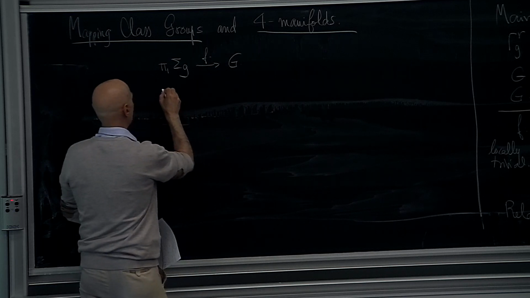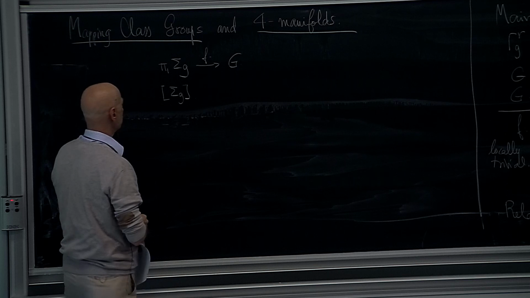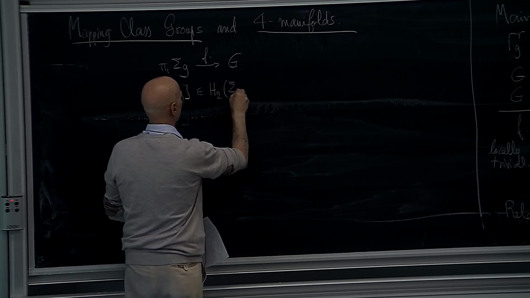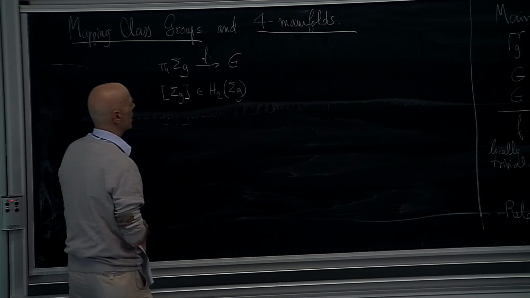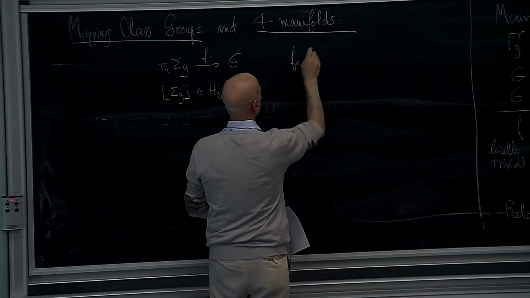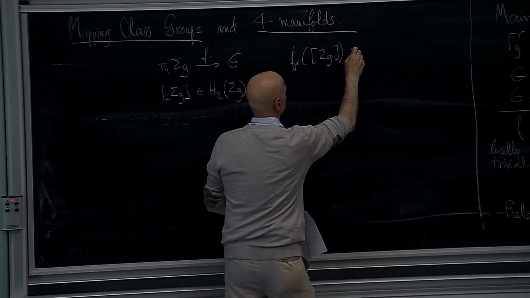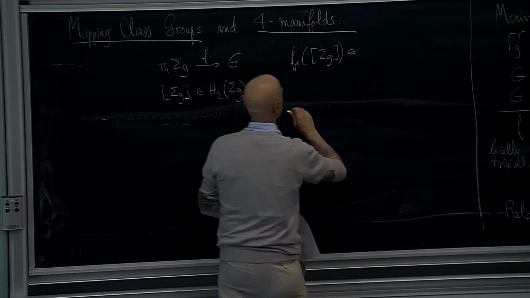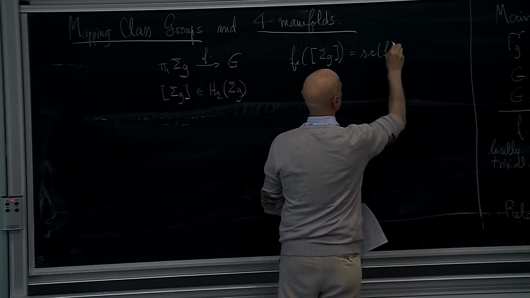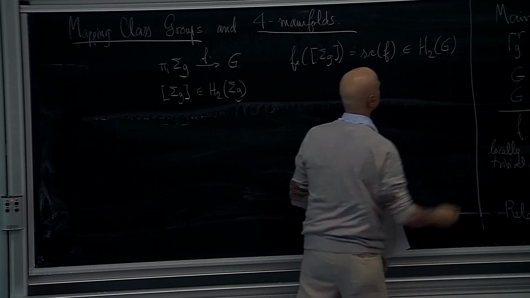Let's say I'm taking here the fundamental class of sigma G in the homology with integral coefficients of sigma G, and I'm taking its image under F star, which is a class, let's call it SC of F, the Schur class, which belongs to H2 of G.